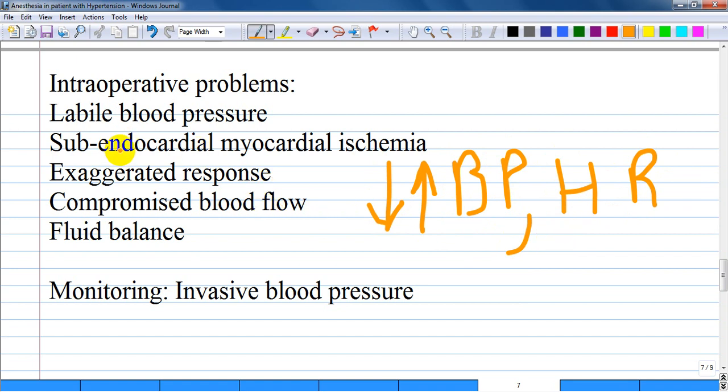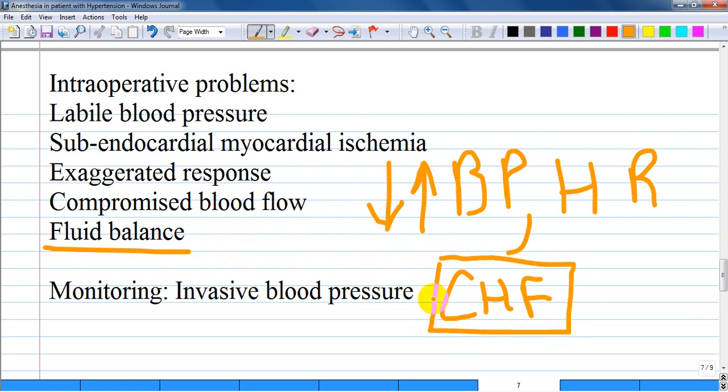So problems that could appear during anesthesia are labile blood pressure, subendocardial myocardial ischemia, exaggerated response to the drugs or to the anesthesia, compromised blood flow to organs, and fluid balance. If the patient has congestive heart failure and hypertension, you should not give too much fluid, or should restrict fluids.